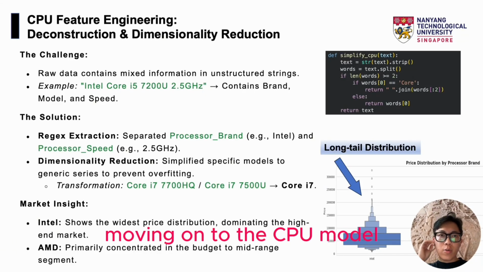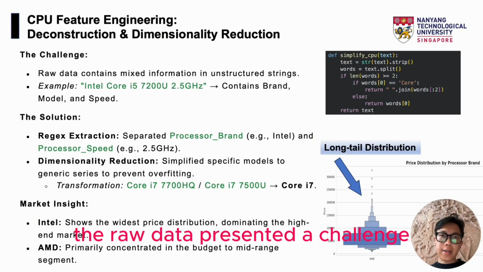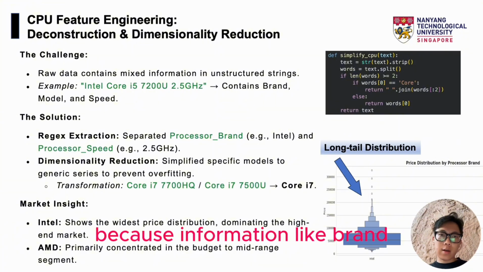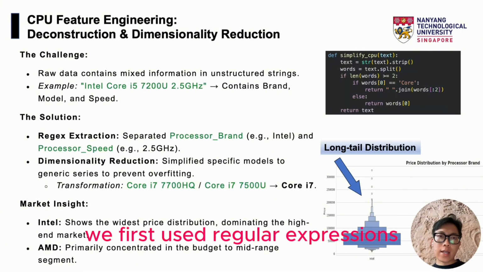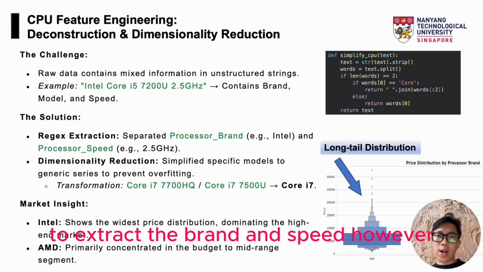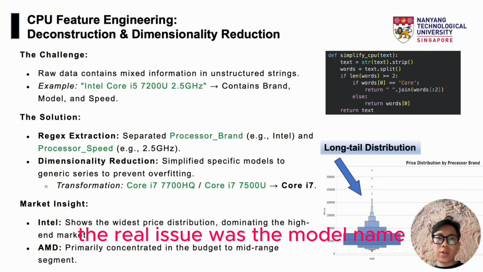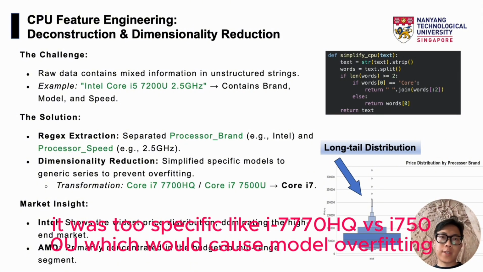Moving on to the CPU model, the raw data presented a challenge because information like brand, model, and speed were all mixed into a single stream. We first used regular expressions to extract the brand and speed. However, the real issue was the model name. It was too specific, like i7-7700HQ versus i7-7500U, which would cause model overfitting.